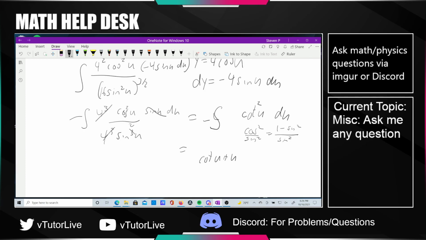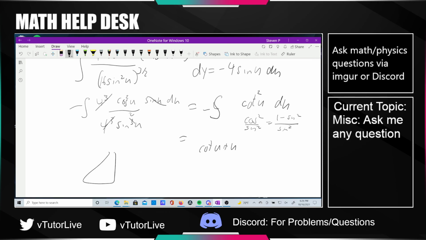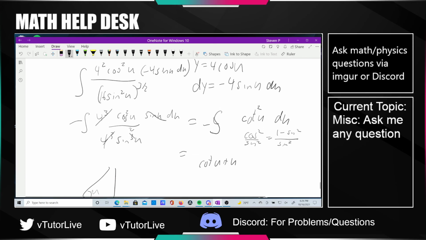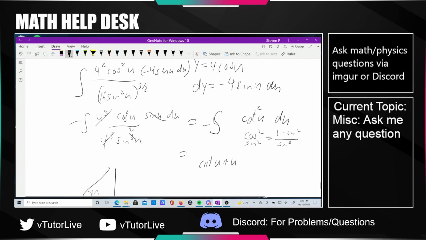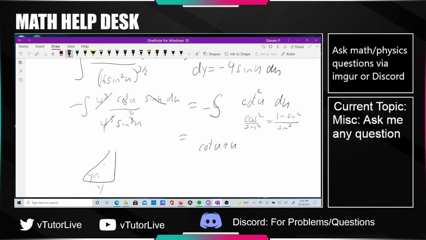And then you would just plug this in to get, you know, again, I've drawn this many times, but so if this is u, y over 4 is cosine of u. So this is y, and this is 4. And this turns into the square root of 4 squared minus y squared.